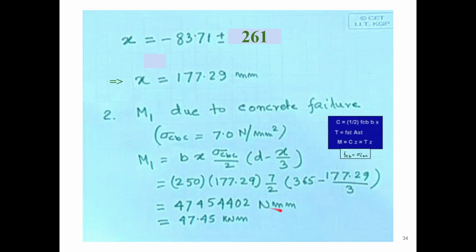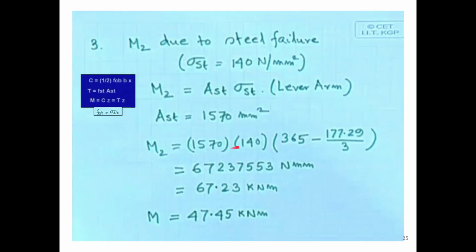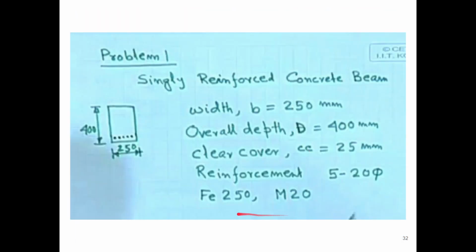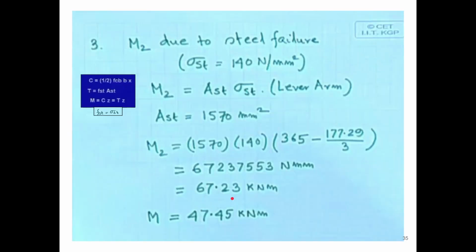Now let us see the moment carrying capacity due to the failure of steel, that is, the moment carrying capacity due to tension. M2 is nothing but AST into sigma ST into the lever arm, as we discussed in the last slides. For Fe250, the sigma ST value will be 140 MPa, as we saw in the tables.